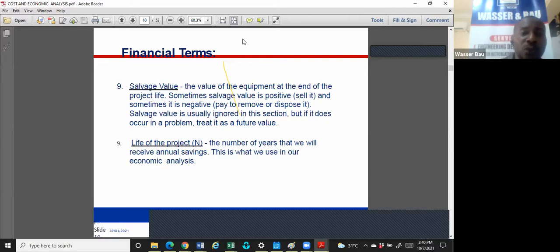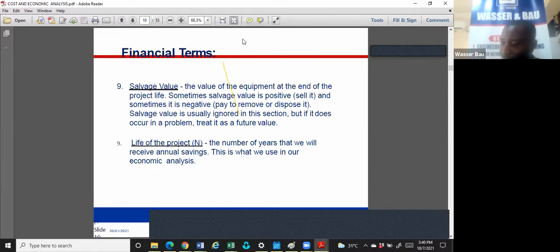Then the next term you've been seeing is the life of the project. When anybody asks you what a project is, it is simply something that has a beginning and an end. That is the universal layman's definition of a project. So anytime you want to call something a project, just know that what you mean is that it has a beginning and it has an end. When you say I'm handling a project and the project does not have an end date, then that is not a project.